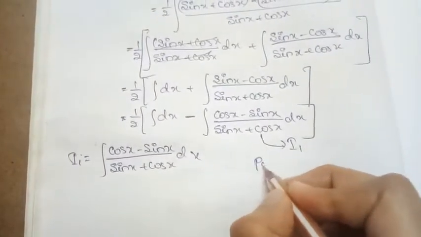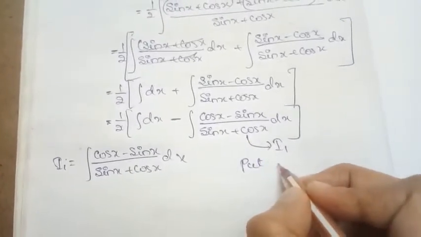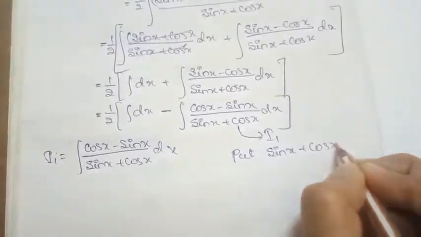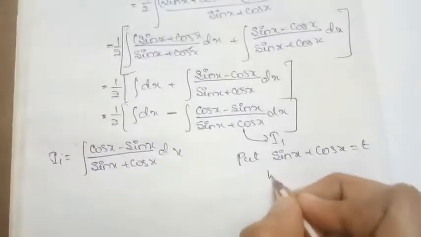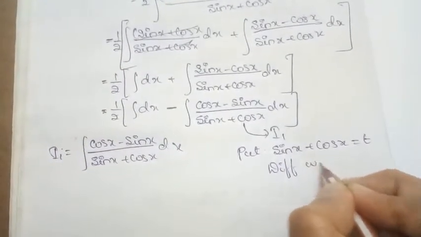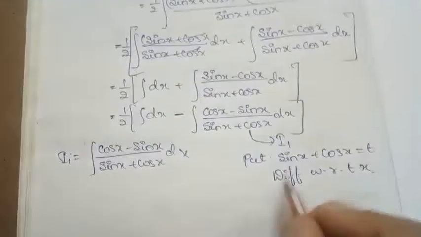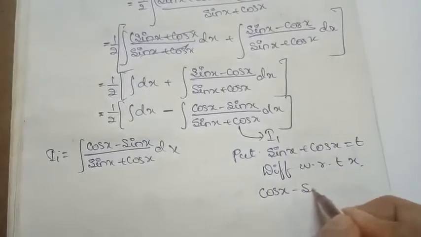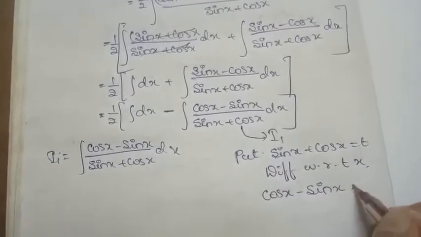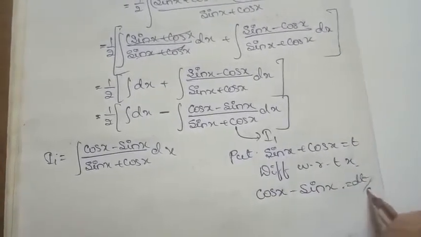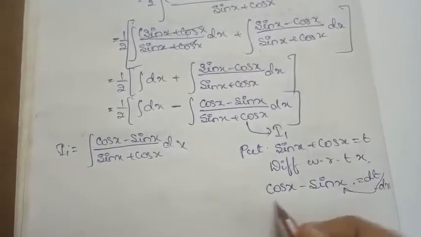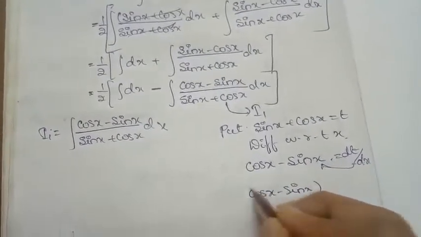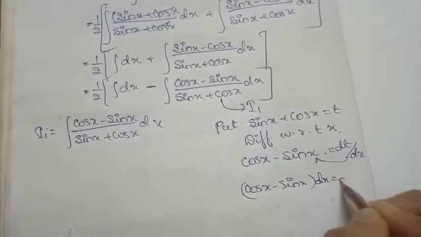What happens now? I am going to do the substitution, taking sin x plus cos x equal to t. Then I differentiate this with respect to x. Differentiation of sin is cos x, and differentiation of cos is minus sin x, equal to dt by dx. If I bring this dx to the LHS, it becomes cos x minus sin x into dx equal to dt.